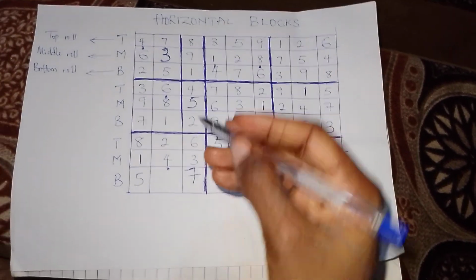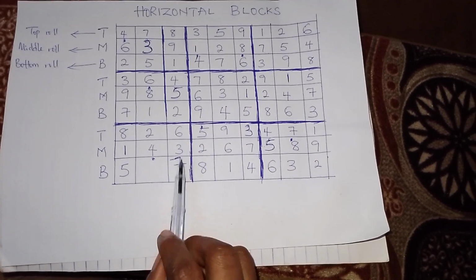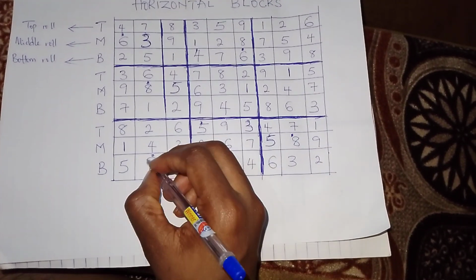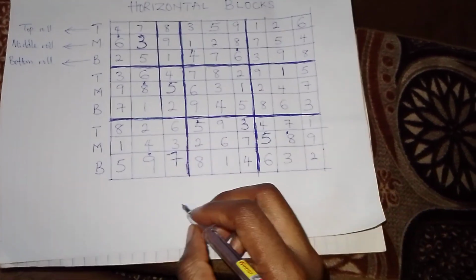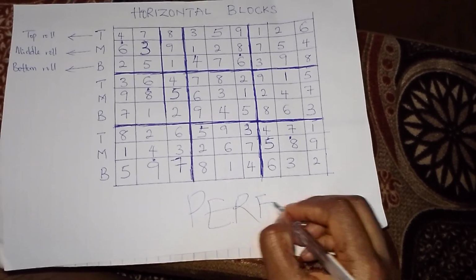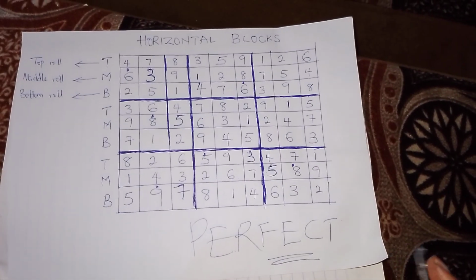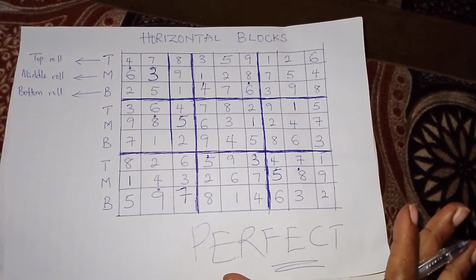So if we have 1, 2, 3, 4, 5, 6, 7, 8, that means here would be a 9. So perfect. We have completed the entire space, and this is Sudoku for beginners.